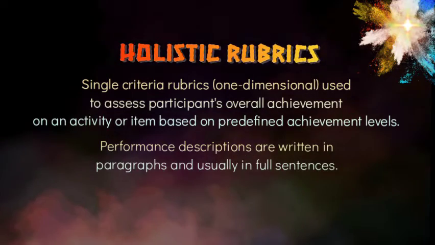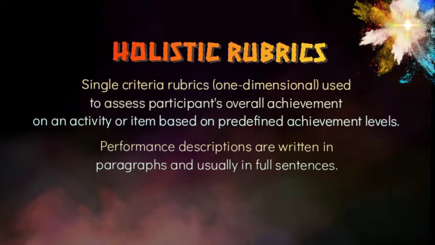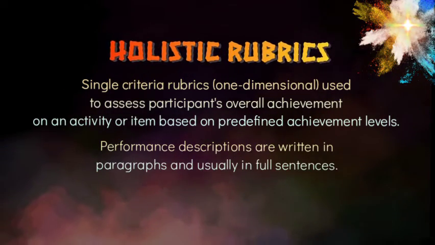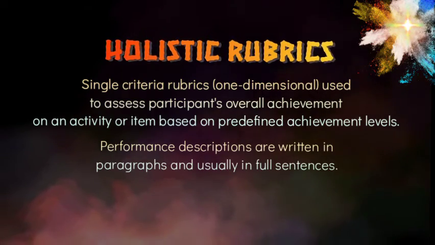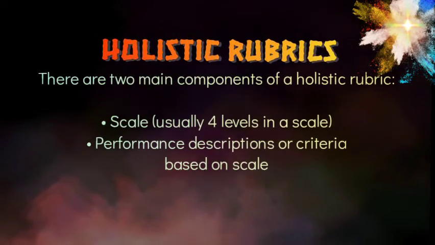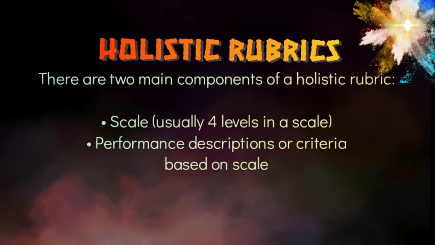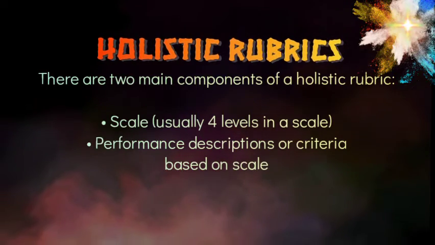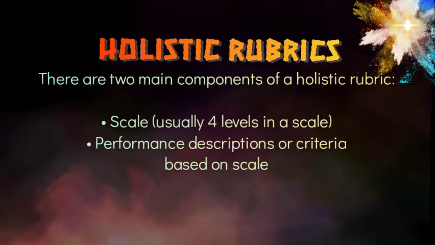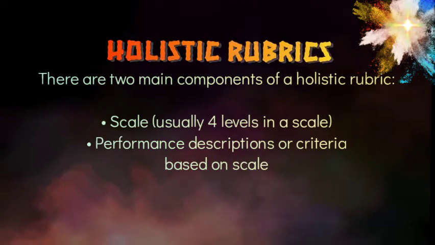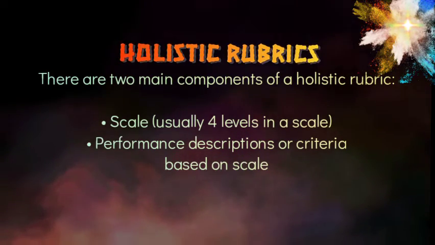This kind of rubric allows you to assess students' overall performance on an activity or assessment based on a single scale using predefined achievement levels. Actually, there are two main components of a holistic rubric. The first one is a scale, usually 4 levels in a scale. And the second one is performance descriptions or criteria based on scale.